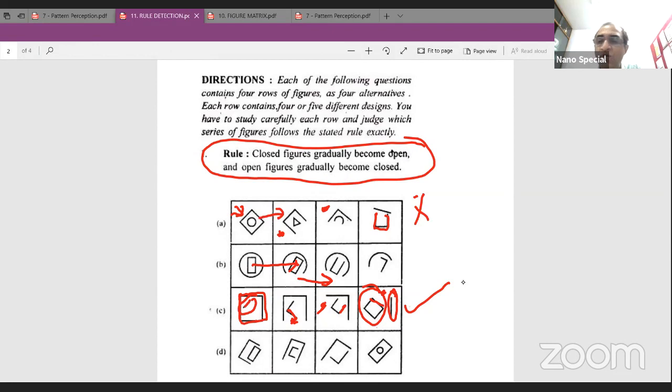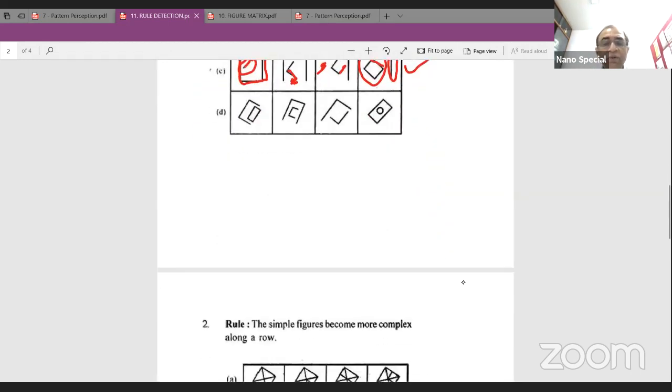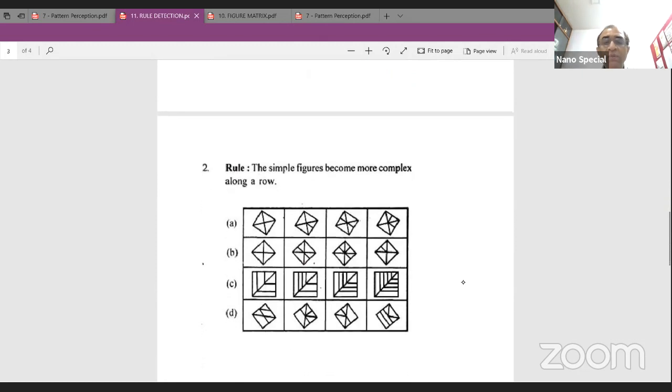Shrestha, I hope you have understood. Madhumita, I hope you got the logic. Zaima, you also, I hope you have understood the logic. Okay, right. Let's go on. Let's look at the next one. Let's look at the second one.